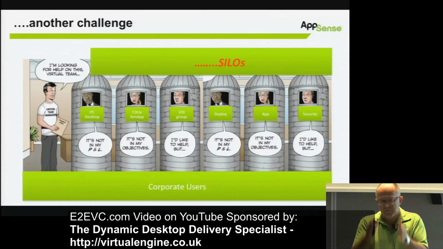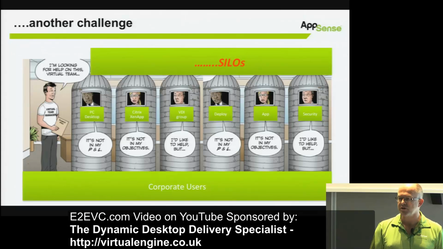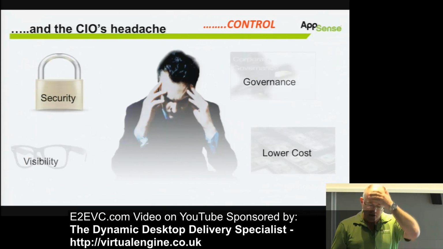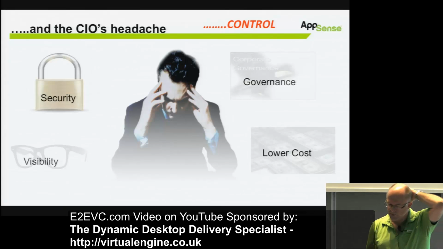And then we have the PC guys, which are the junior guys, who make another desktop to the same users. And they actually selected VMware View as well. So these are the VMware people doing the VDI desktop. So there are three different departments, not even talking to each other, making three different desktops to the same user. Nightmare. And of course the CIO's headache is to have control over all this and manage all this.